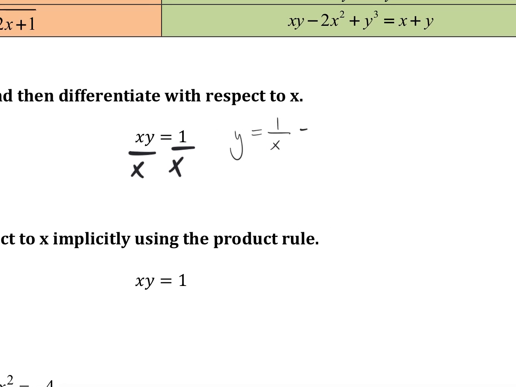Okay, which is the same thing as x to the negative 1 power, right? Which we know how to take the derivative of. What is the derivative of x to the negative 1 power? Negative 1 x to the negative 2nd power, right? Power rule says move it down in front, subtract 1 from the exponent. So this is the same thing as negative 1 over x squared, okay?